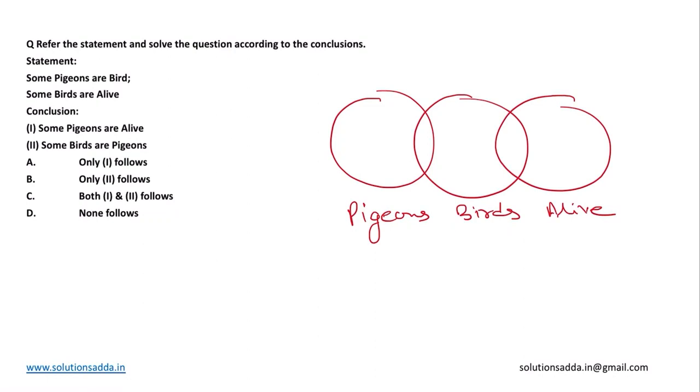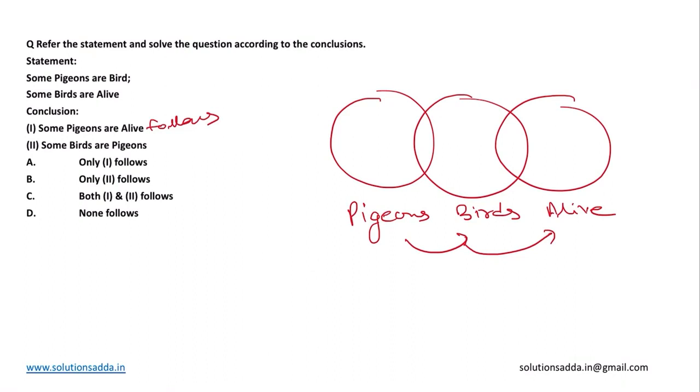Now there may be a case that this alive circle may pass through the intersection of pigeons and birds, because some birds are alive, and since some pigeons are birds, it may be possible that some pigeons who are birds are also alive. Therefore conclusion 1 follows. Some pigeons, those who are birds, are also alive, hence conclusion 1 follows.